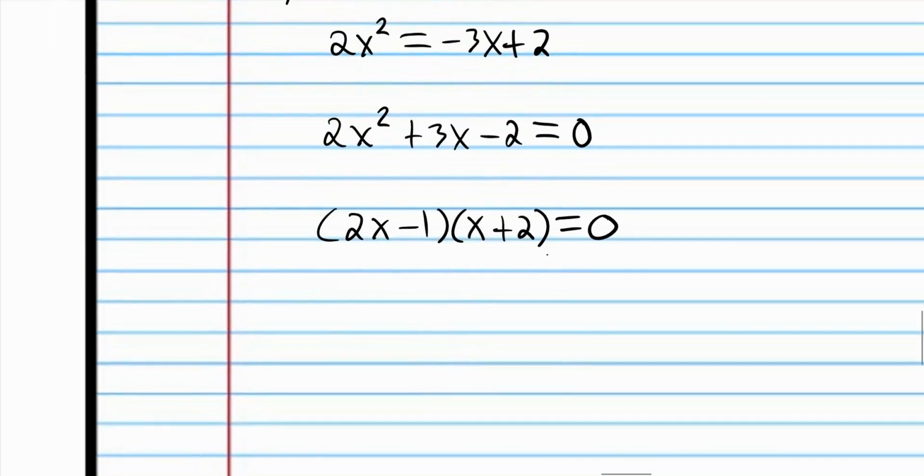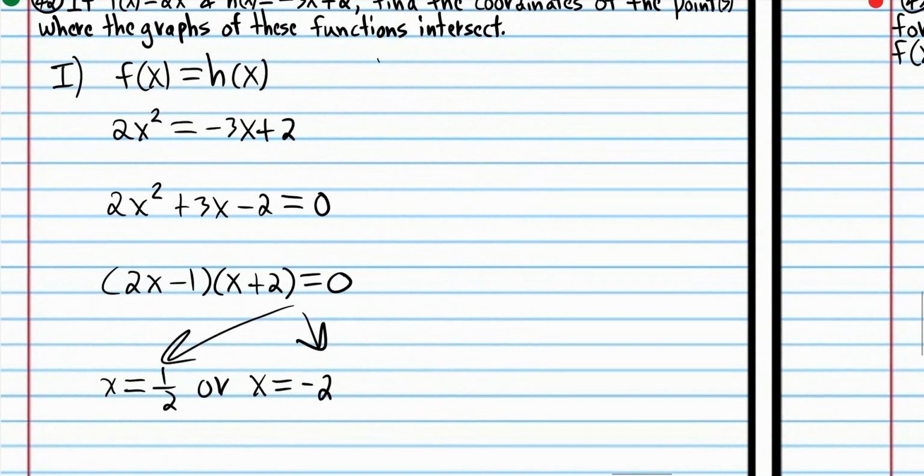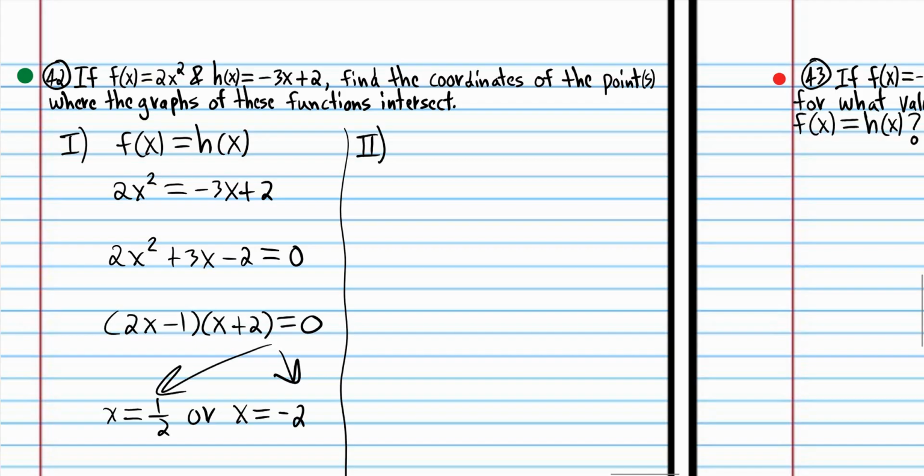So we have two x values, two points of intersection. So x is 1/2 and x is negative 2. So now we go on to the second part of the problem. Now that we have the x values where the graphs intersect, we can find the corresponding y values.